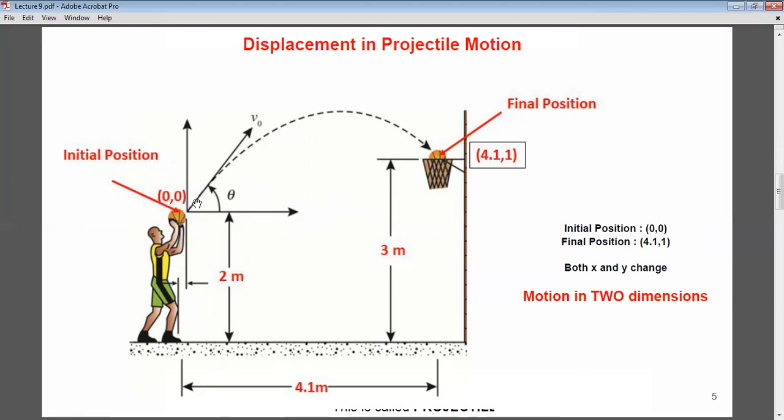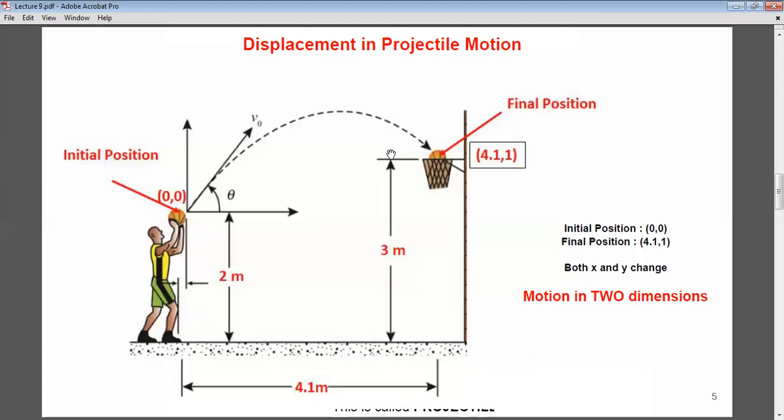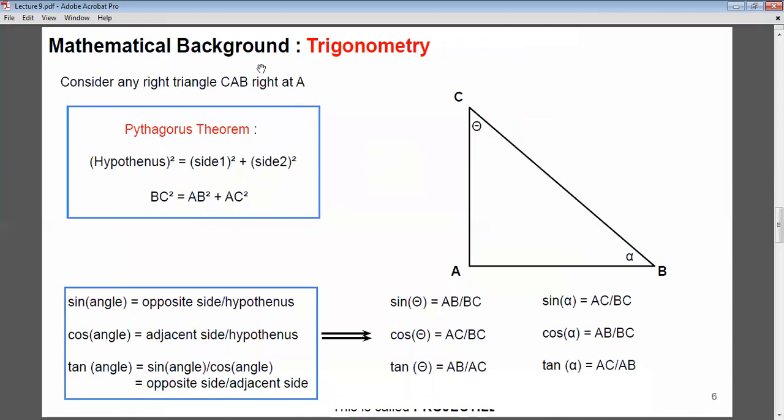Okay, so now we're not saying it's going from position 0 to position 2. No, it's going from 0, 0 to 4, 11, and that's when we say both x and y are changing. Not only the x is changing or the y is changing, both of them are changing, and this is again motion in 2 dimensions.